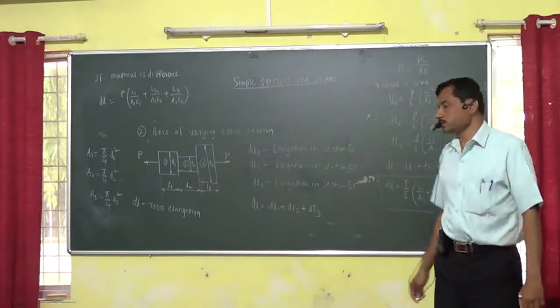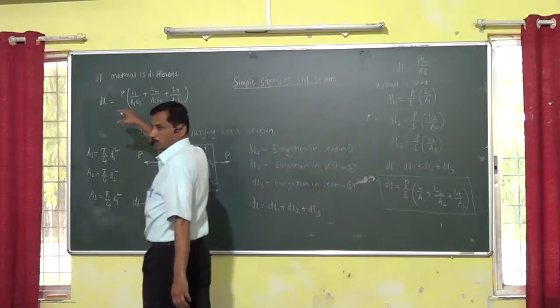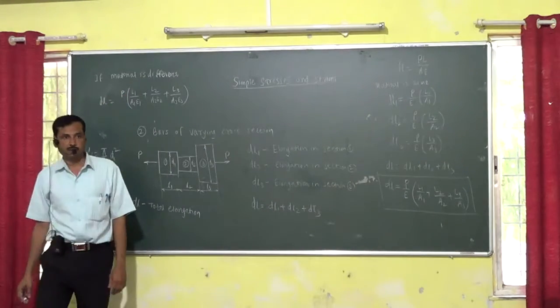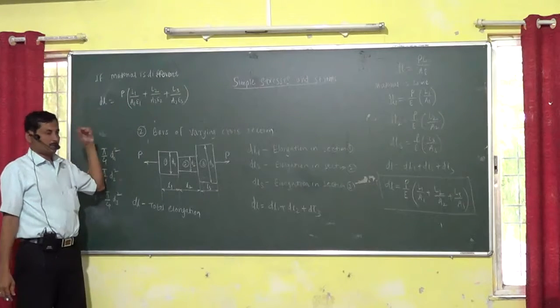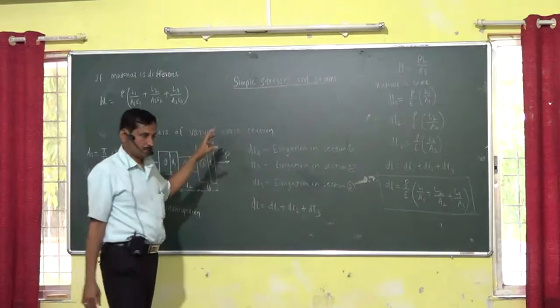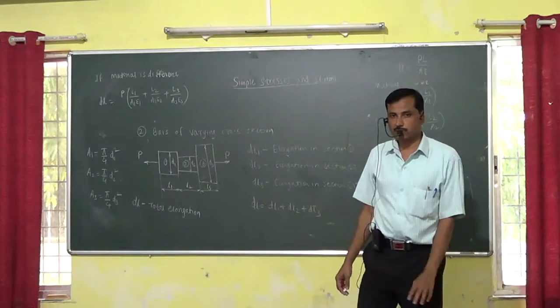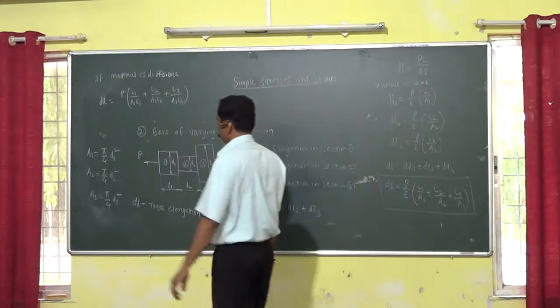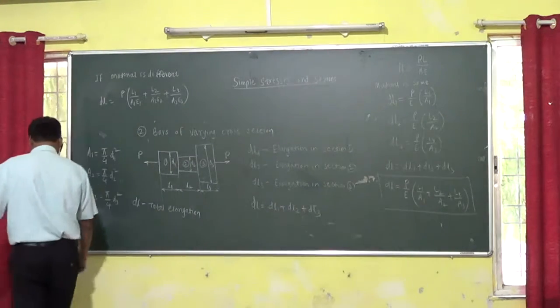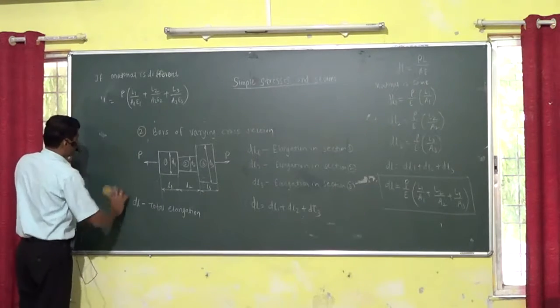So for all three sections, if Young's modulus is different, the elongation DL will be calculated based on this formula, but P will remain as it is. So for bars of varying cross section, this is how we identify the elongation; this is the second type of example which we have seen in the simple stress and strain chapter.